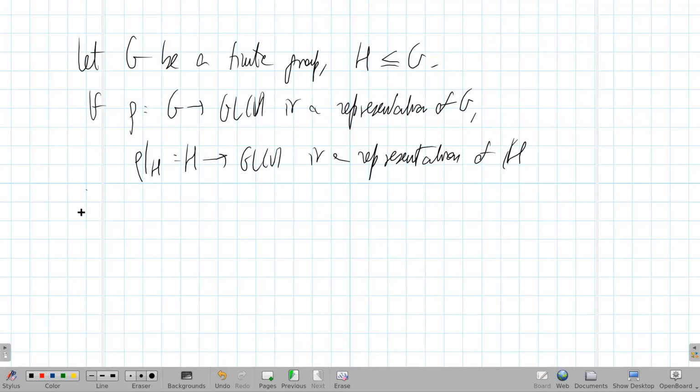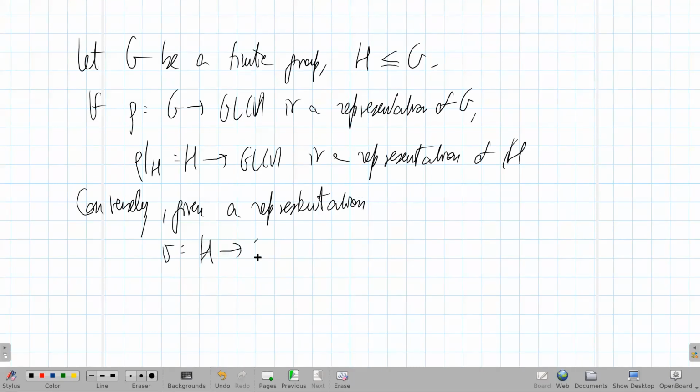But conversely, given a representation sigma of H, H is always a subgroup of G. Is it always the case that sigma is a restriction?